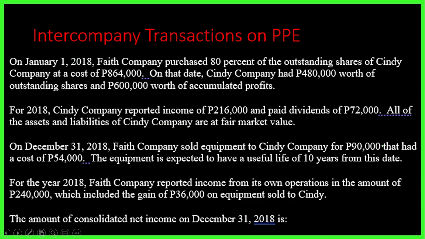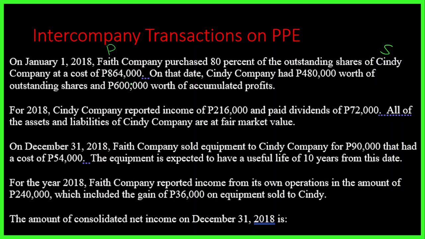This one is asking for the amount of consolidated net income. So it's the same again. When we have consolidated net income, we need the net income of the parent and the subsidiary from their own operation. In this case, Fate Company purchased 80% of the outstanding shares of Cindy. Fate is the parent, and Cindy is the subsidiary. Cost is 864 on that day.